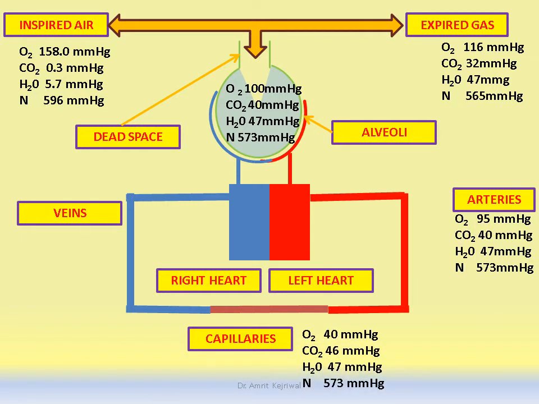In the capillaries, on the venous circulation side, the oxygen decreases to 40, carbon dioxide increases to 46, and water remains at 47 and nitrogen at 573. So there is a major decrease in oxygen and increase in carbon dioxide. And in the venous circulation, it remains the same as in the capillaries, but when we go from the venous to the alveoli, the oxygen concentration increases, carbon dioxide decreases, water and nitrogen remain the same. This gives an understanding of the arterial blood gases variation throughout the circulation and inspired and expired gas.